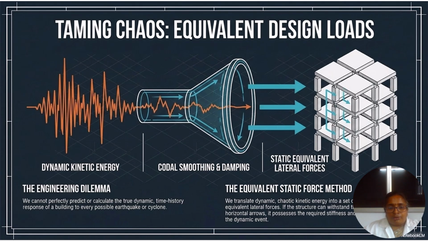But based on codal provisions, dampers and other materials, we can reduce the effect of progressive collapse. In the equivalent static force method, we translate dynamic chaotic energy into a set of equivalent static lateral forces through codal smoothing and damping. If the structure can withstand those, shown as the horizontal arrows, it possesses the required stiffness and strength to withstand the dynamic effect.